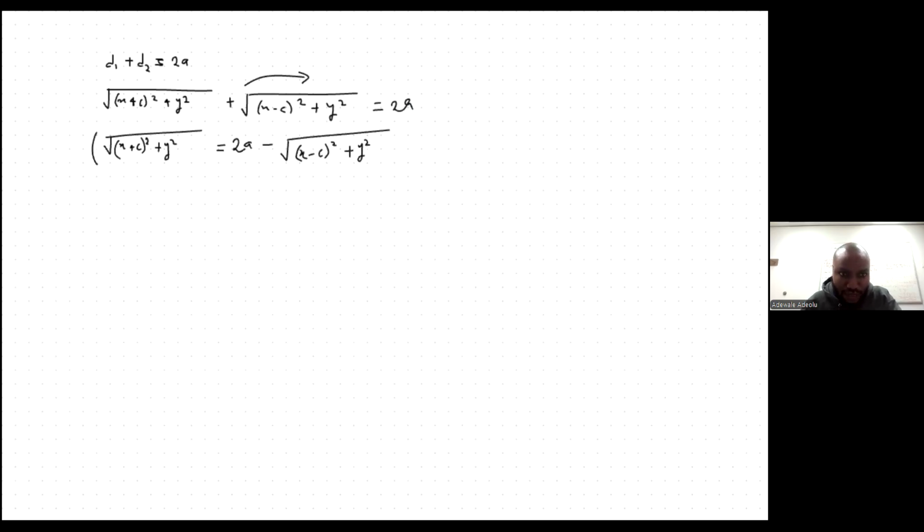So I can square both sides. So that means here I will have x plus c all squared plus y squared, since the square gets rid of the square root, equals to. However, here I cannot do that. It's as if I'm having x minus a all squared, so I need to expand that.